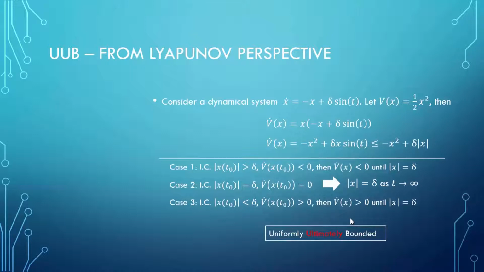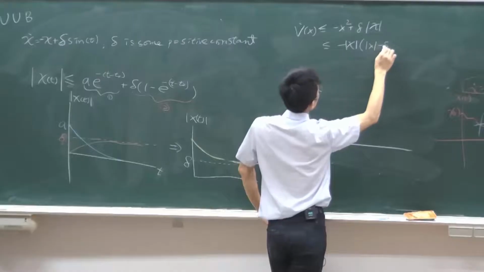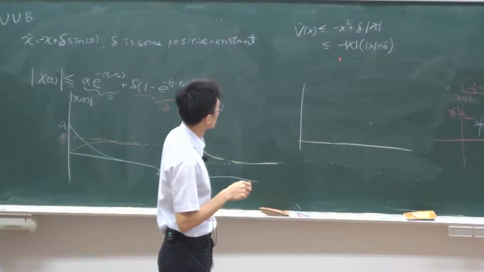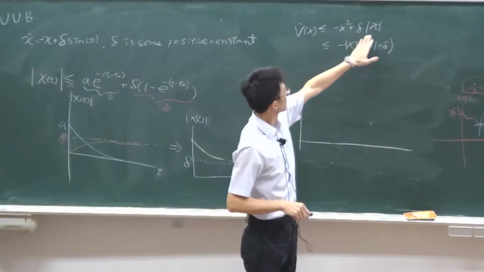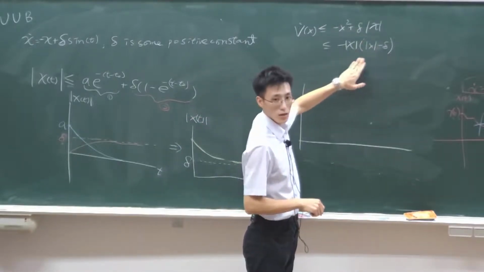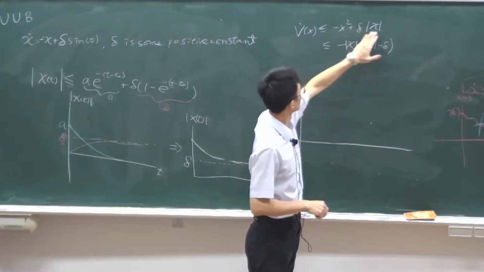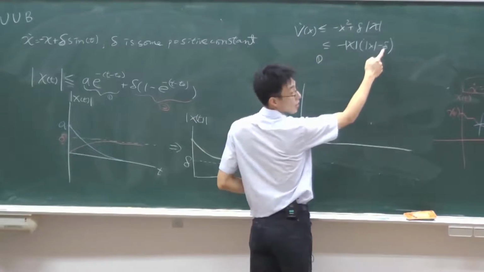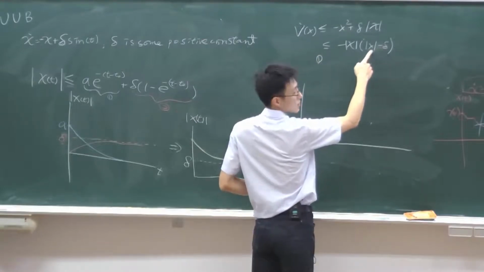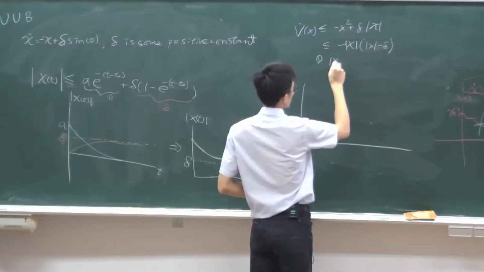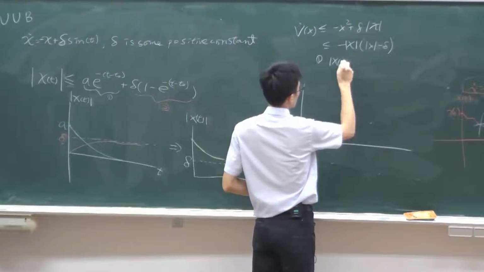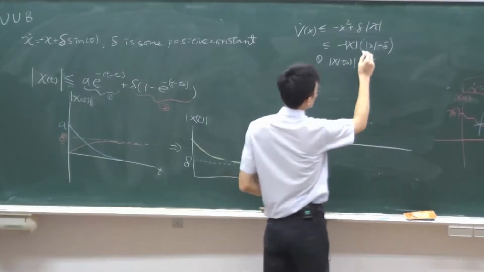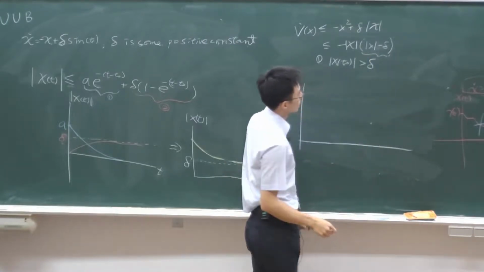If this x is greater than delta, this equals this, right? They are the same. So in the first case, if your xt0 is greater than delta, then this is positive.